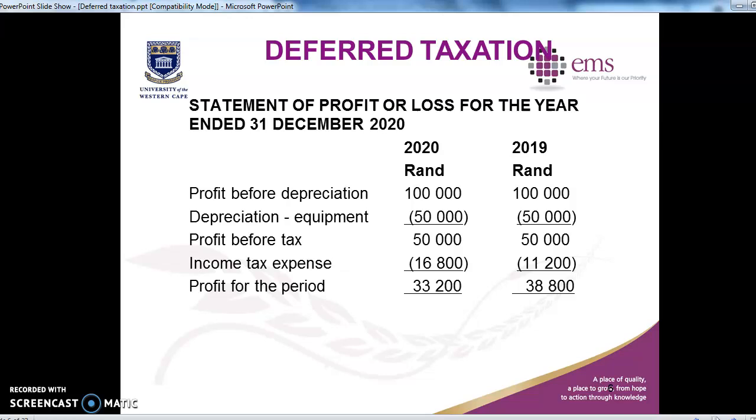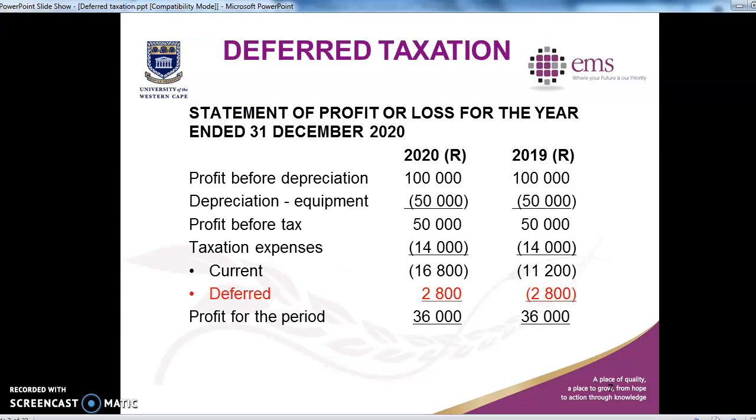But you see that in both 2019 and 2020, our profit before tax is 50,000 and 50,000. Because of the wear and tear and our calculation of current tax, our profit is different, even though the profit before tax is exactly the same.